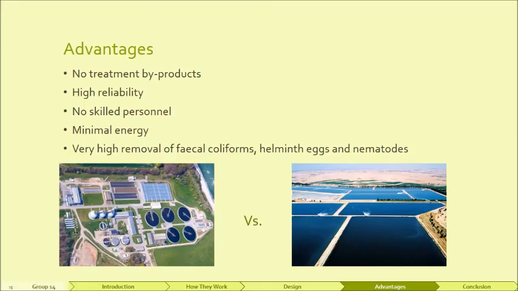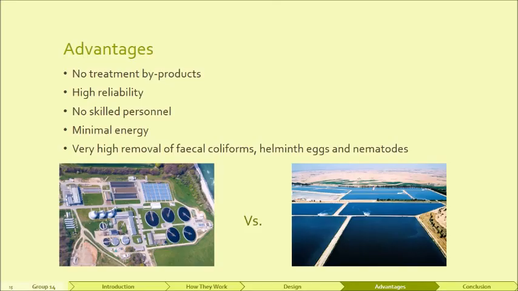They also involve the use of mechanical treatment systems, which can be energy intensive. In less developed countries, reliance on energy-intensive mechanism is not desirable as energy supplies may not always be reliable. Waste stabilisation ponds do not require skilled personnel and use only minimal energy, making them a favourable alternative.